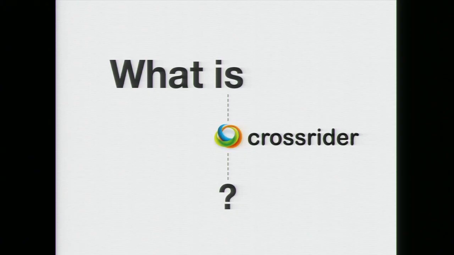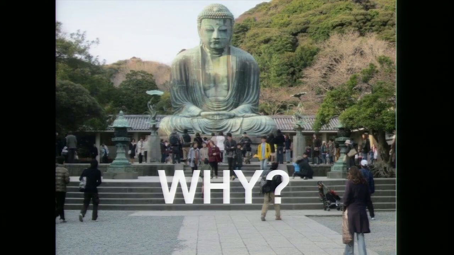So what is CrossWriter? CrossWriter is a development framework which lets you, with JavaScript and jQuery, build cross-browser extensions. It's just like PhoneGap for mobile apps, but for browser extensions. And why was there a need to build such a development framework? Basically, there's a big inefficiency in this market where you need to learn each browser and its own technologies.